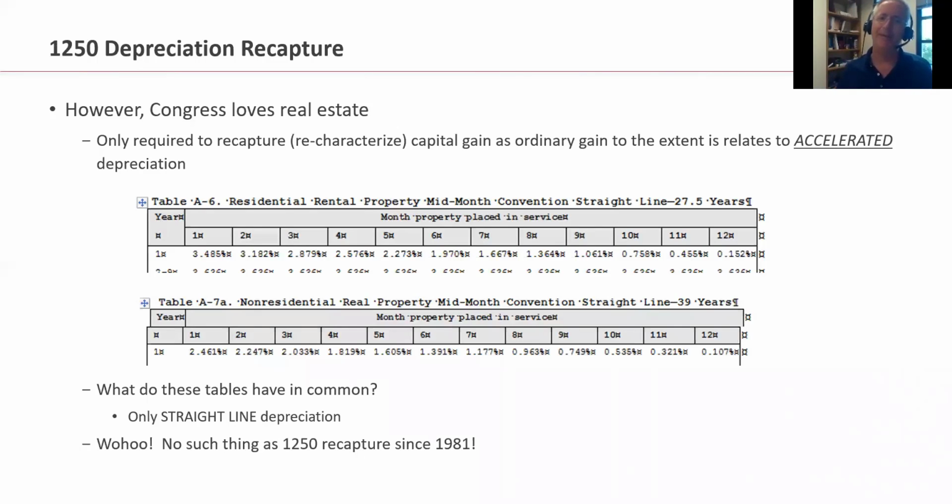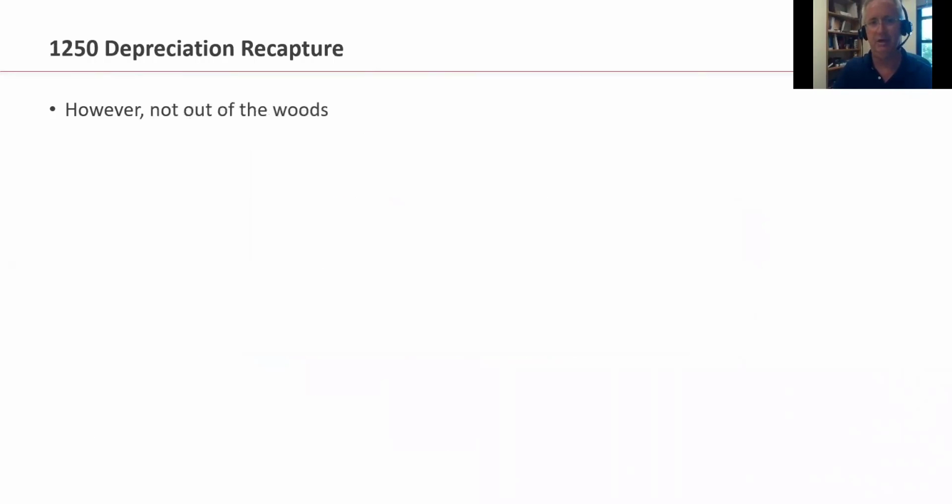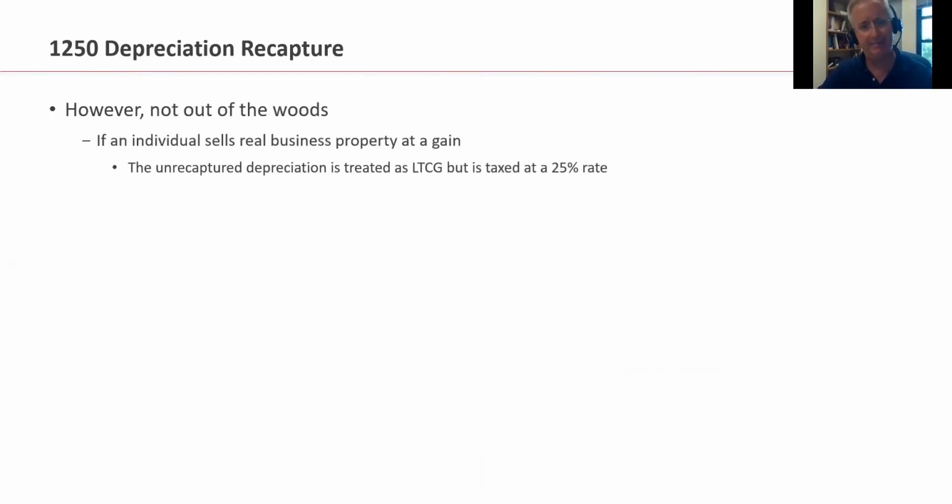Sweet. So what that means is if I have real property and I'm depreciating it and I over depreciate it, I do not have to recharacterize that as ordinary because there's no such thing as 1250 recapture. Awesome. But we're not quite done. So what happens to all that depreciation that we didn't recapture?